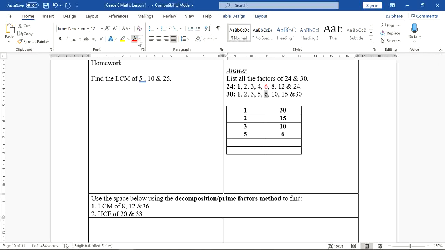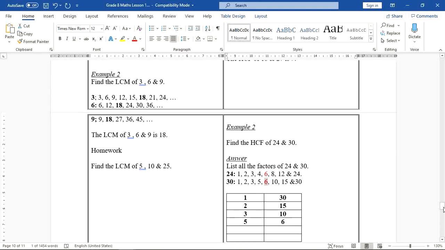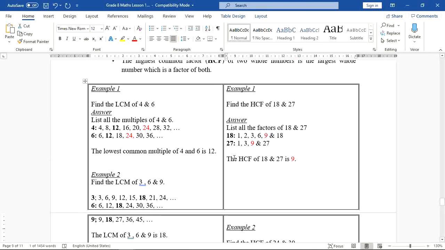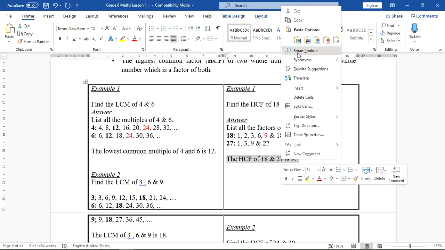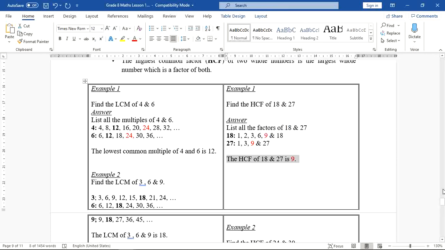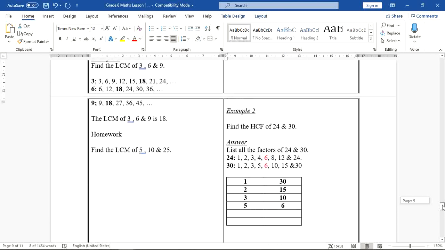So we can't say that the highest common factor is 8 because there is no 8 on the list of 30. We can't say that the highest common factor is 12 because there is no 12 here. And we can't say that it's 10 because there's no 10 here, or 15 because there's no 15 there. So we can now conclude that the highest common factor of, copy this, I don't want to type because typing takes up some time.